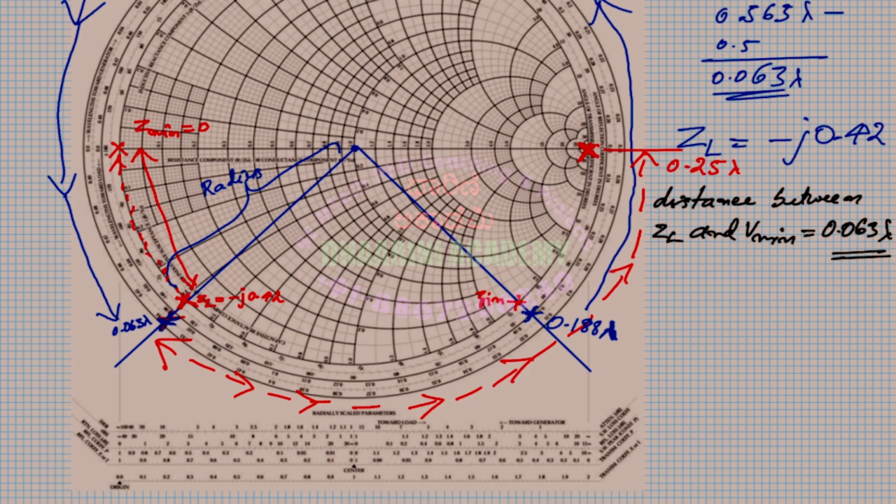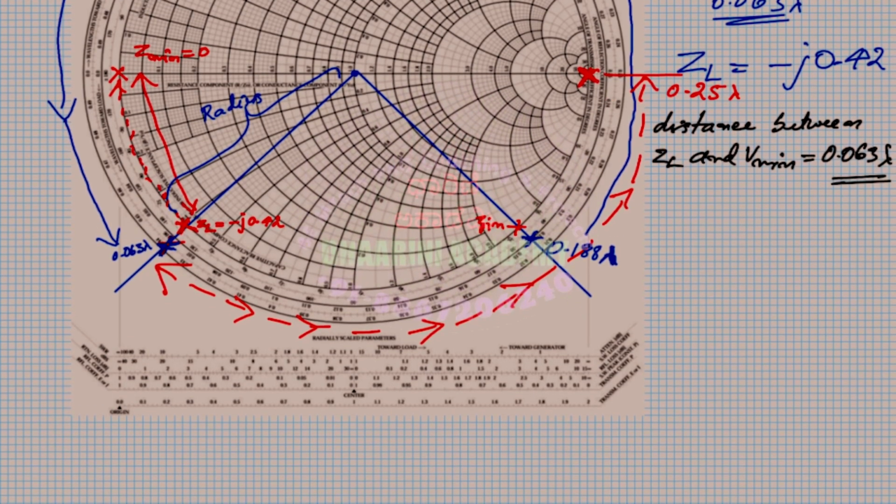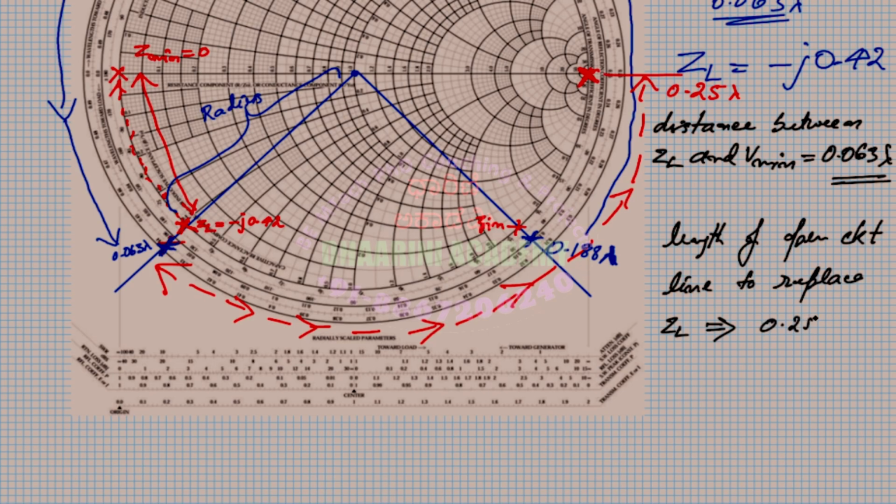So the length of the open circuited line to replace ZL is, calculation, 0.25 lambda minus 0.063 lambda.